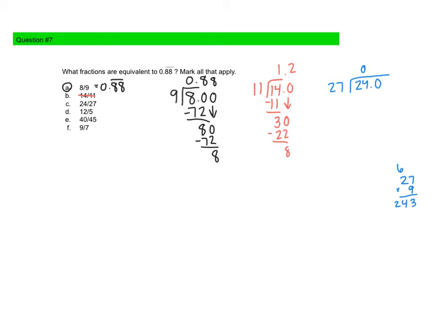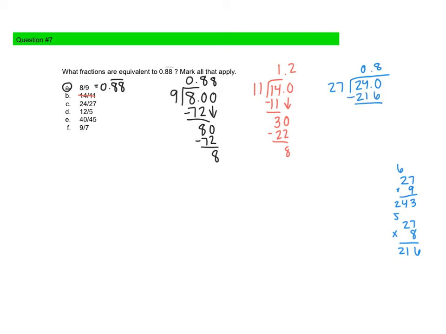So 243, that went over 240, so it's going to be 27 times 8, and I need to figure out what that actually equals. 8 times 7 is 56, carry the 5. 8 times 2 is 16, plus 5 is 21. So this goes in 8 times, and my answer is 216.